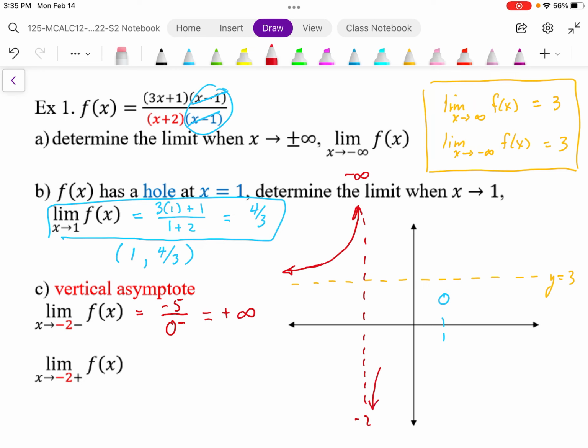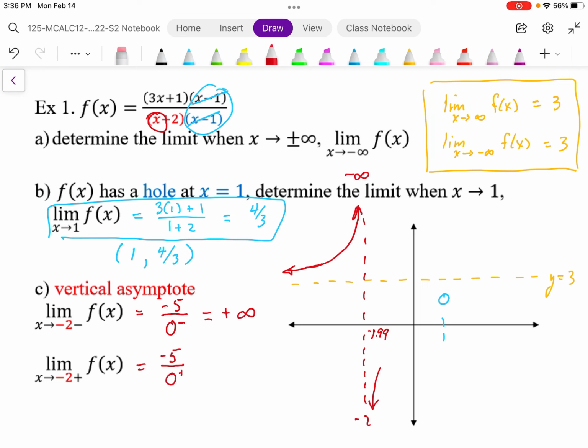But let's analyze this. As x approaches negative 2, I plug in negative 2 into the numerator. I get 3 times negative 2 plus 1, which is negative 5. And now as I use numbers on this side, for example, negative 1.99, if I plug it in here, negative 1.99 plus 2 is going to give me a positive 0.01. It's going to give me numbers close to 0 that are positive.